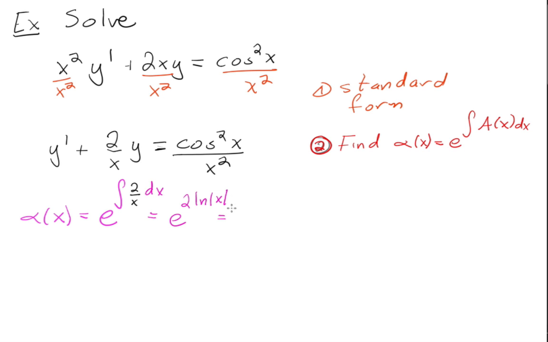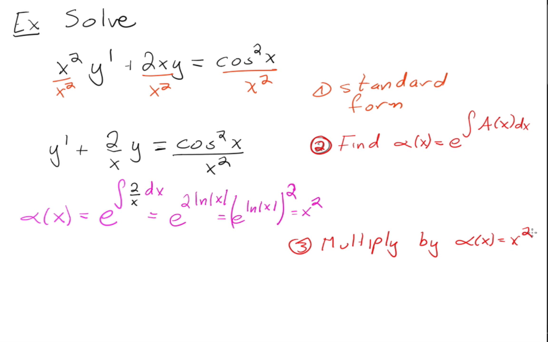So this is e to the ln of x, and then squared, which is just x squared. Okay, so then we multiply by alpha of x, which is x squared.